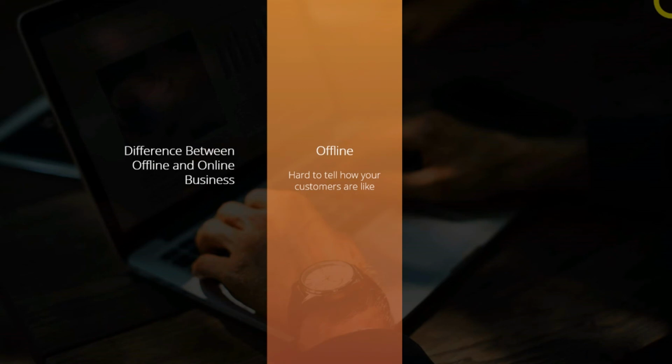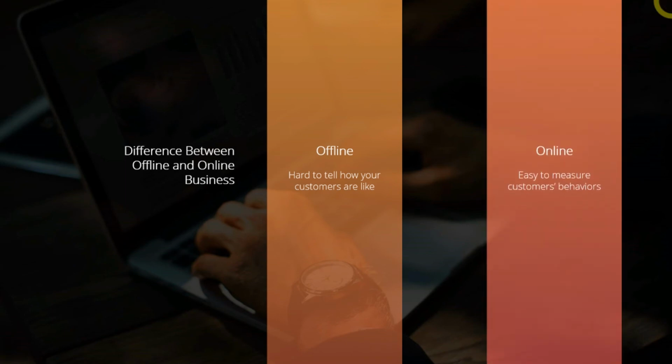For offline, it's hard to tell how your customers are like. It's hard to tell when they go to your shop. It's hard to tell where they're from. It's hard to measure their buying behavior. While for online, there are just plenty of tools for you to analyze your customers' behavior when they are visiting your website.